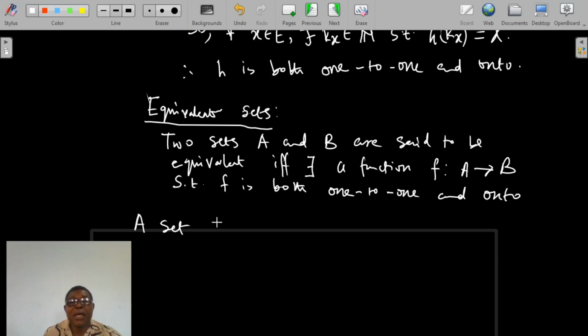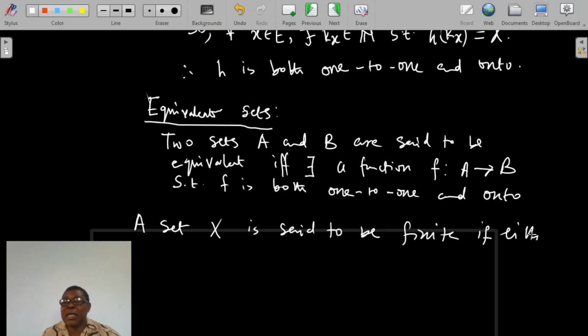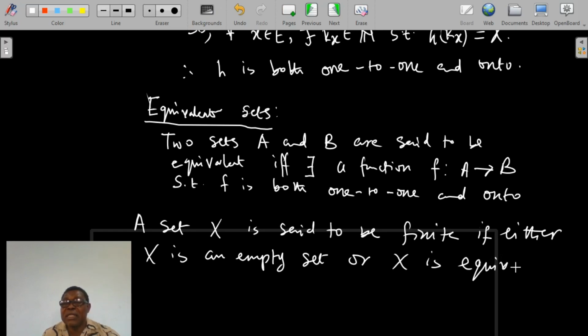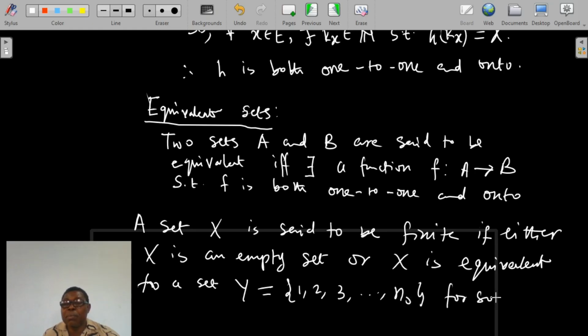A set X is said to be finite if either X is an empty set or X is equivalent to a set Y = {1, 2, 3, ..., n naught} for some n naught in the set of natural numbers.